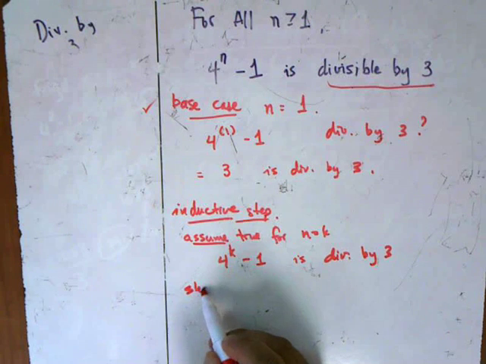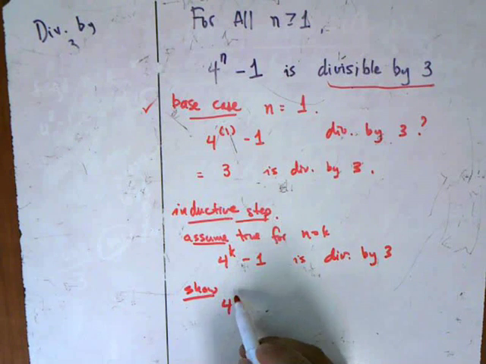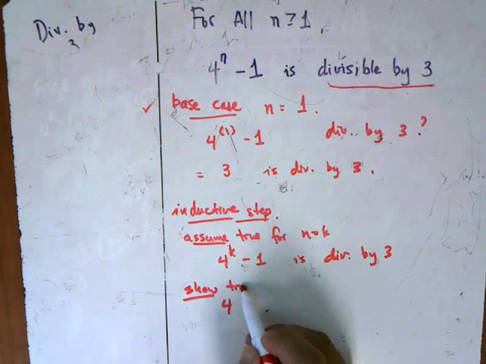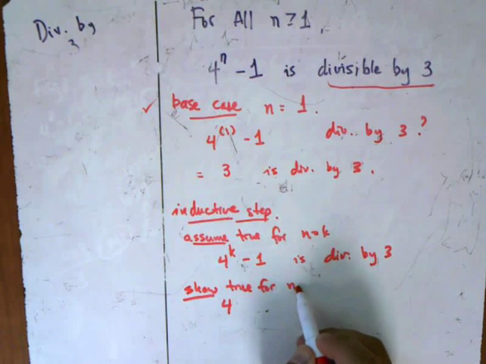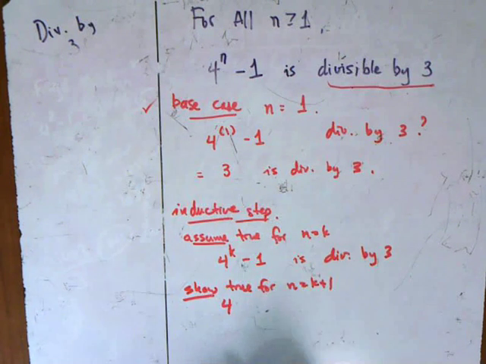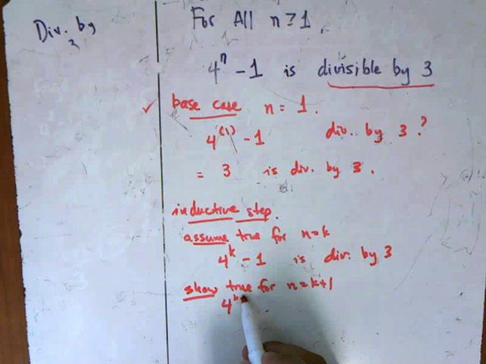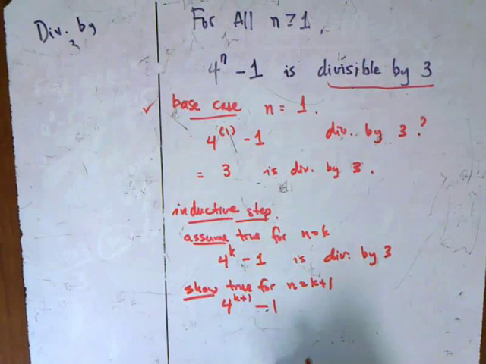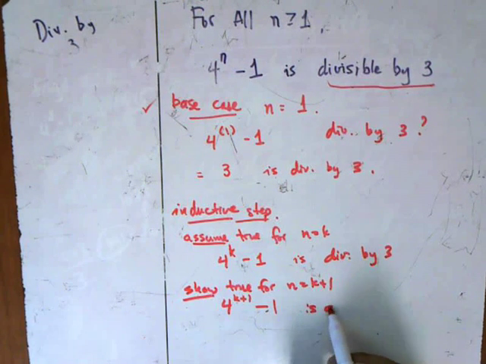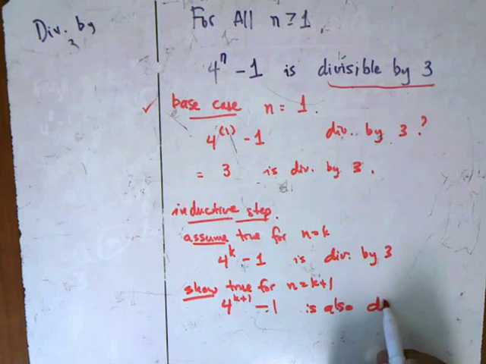Now we need to show it is true for n equals k plus 1, namely that 4 to the k plus 1 minus 1 is also divisible by 3.